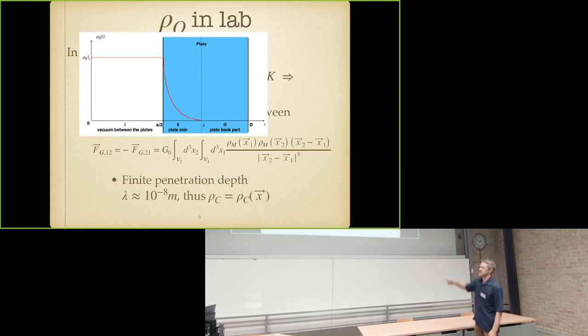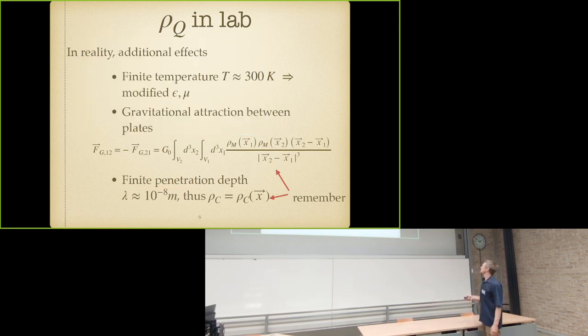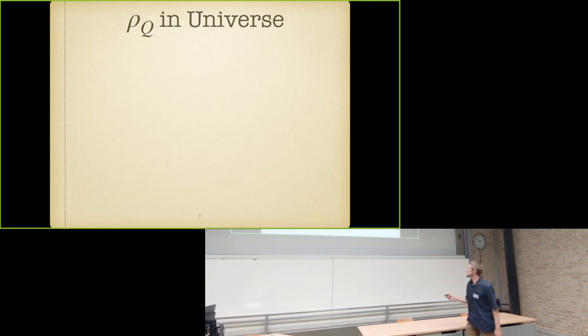So you have this penetration depth, and that's about 10 to the minus 8 meter. This tells us immediately that the energy density of the Casimir experiment is not a global constant, but actually depends on the space-time position where we're sitting. So we remember these two things: Newton's force and space-time dependence.